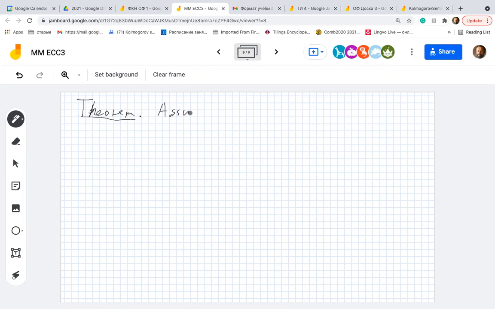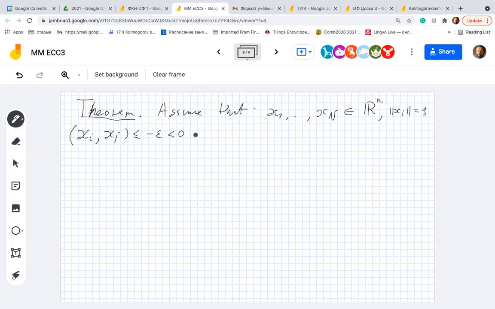Assume that we have capital N vectors of unit length from n-dimensional Euclidean space, and also assume that we know that the inner products of x_i and x_j are strictly negative, and they are at most some negative number, minus epsilon.